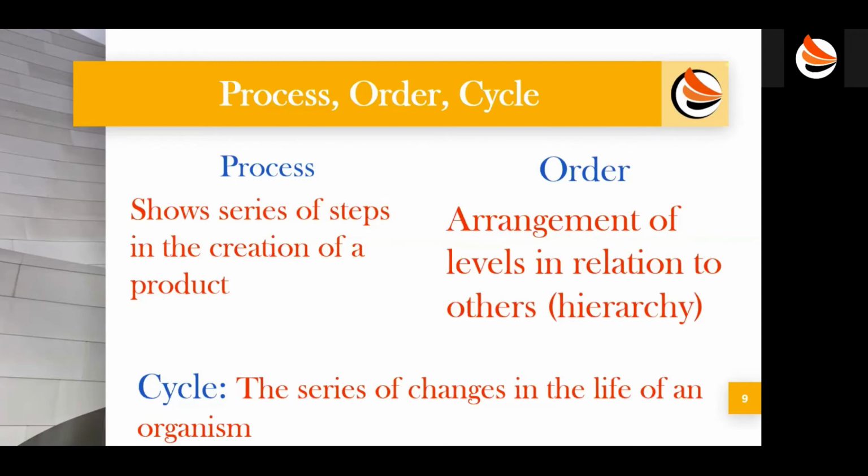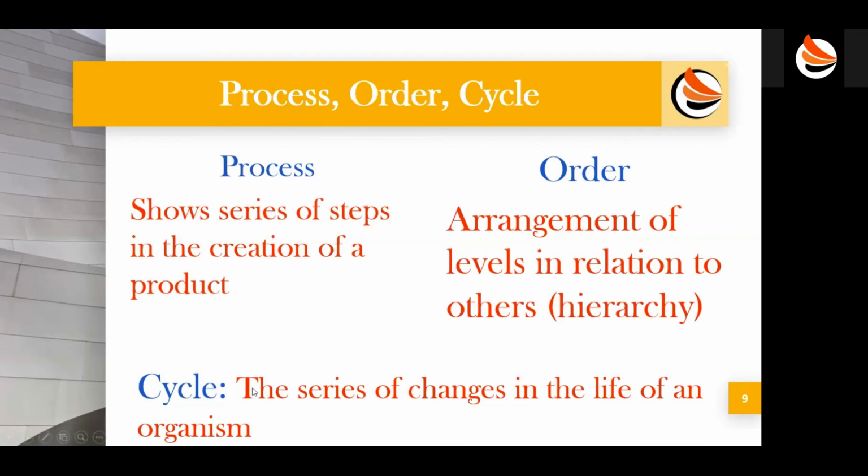Other questions look at arrangement in terms of levels. So you're looking at first, second, third in that particular order, or it could be reverse, 10th, 9th, 8th, 7th in that order as well. Whatever it is, you'll be dealing with levels in relation to other levels as well.